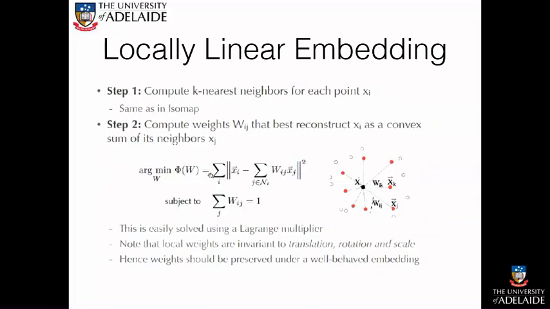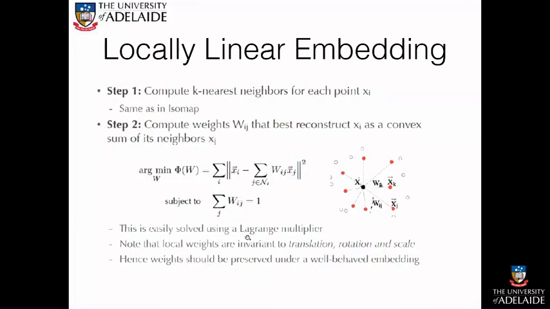Okay, so that's the high-level idea, and if we formulate the idea mathematically, then we get such an optimization problem. The constraint is subject to sum over j of w_ij equals 1. Okay, this is not minus, this is equal to 1. That's a normalization because, as I said, it's a convex linear combination.